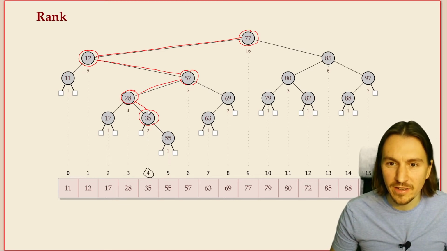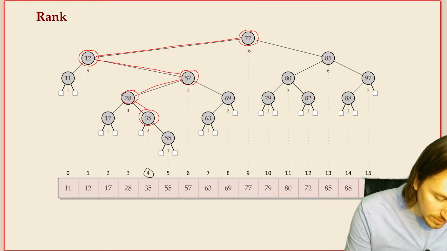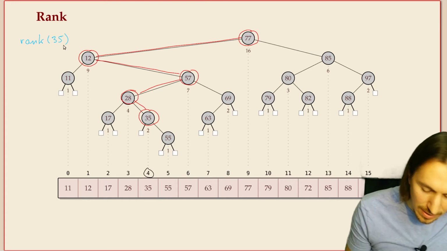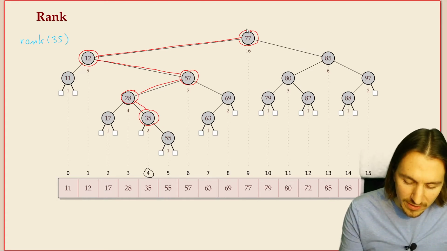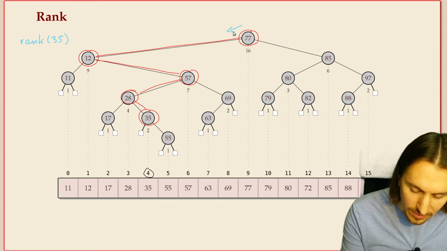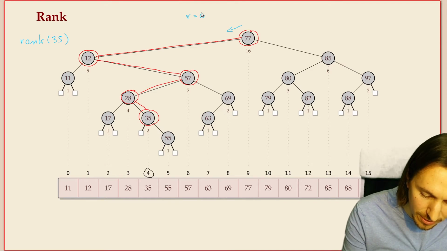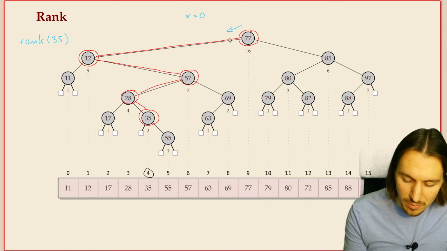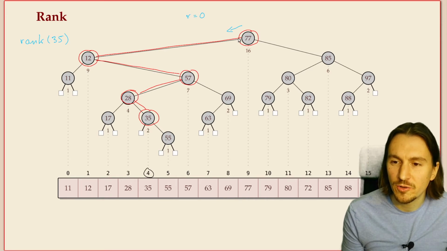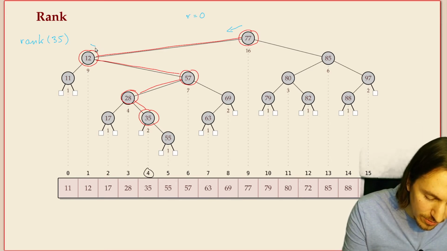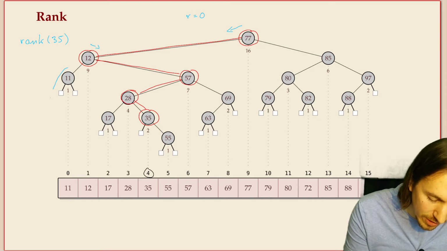Now, the rank is computed as follows. We start with r equals 0. Whenever we go to the left at a node, we do nothing to our rank. When we go to the right, we check how big is the left subtree.